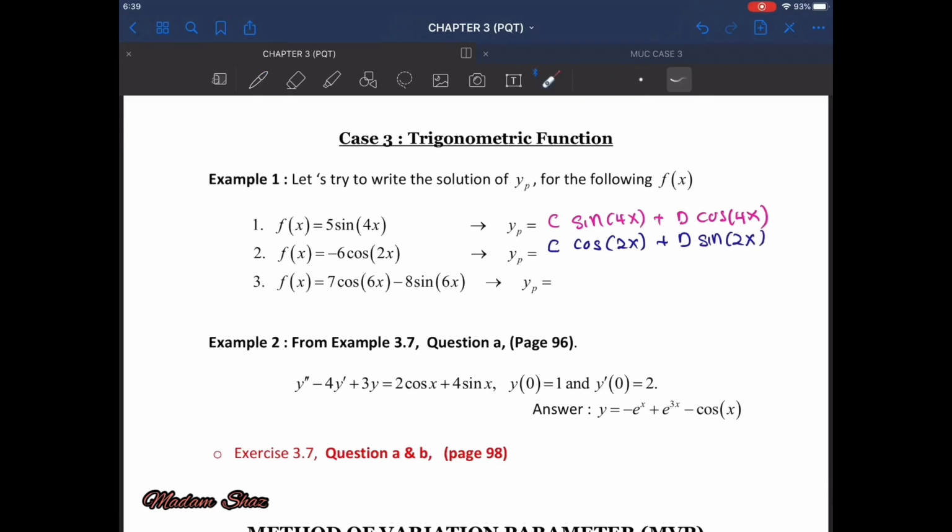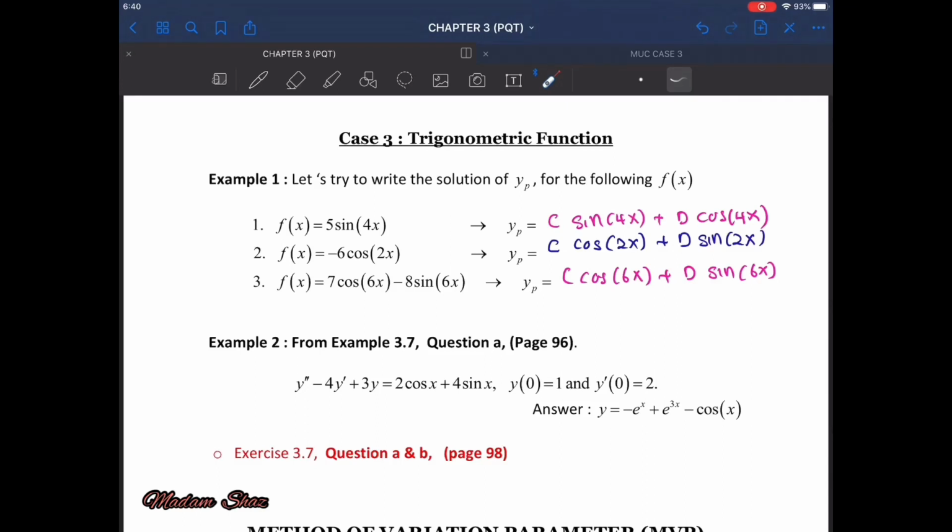It depends whether you want to arrange sine at the front or cos at the front, so never mind if you change the position of sine and cos. Example 3, you have 7 cos 6x minus 8 sine 6x. So your yp will become C cos 6x plus D sine 6x.